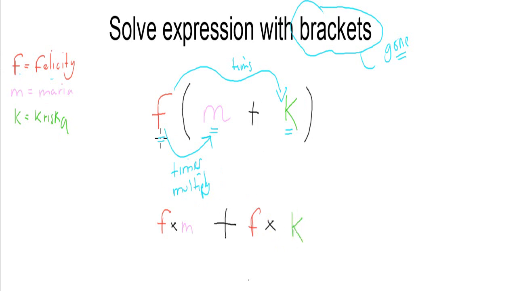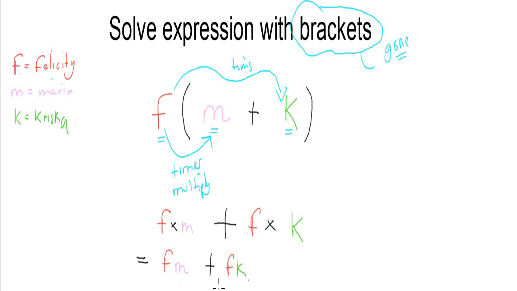So this is how we have now removed the brackets, and the only thing we have to do at the end is realize that F times M can be simplified, because F times M is the same as just saying Fm. When there are two pronumerals next to each other and it's times, we don't write the times sign. So Fm plus Fk. That's how we have removed those brackets, because Felicity spends time with both Maria and Kriska.